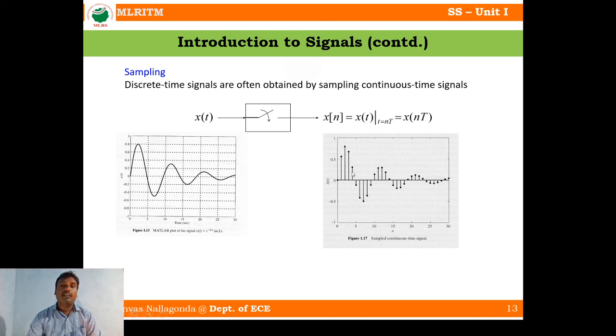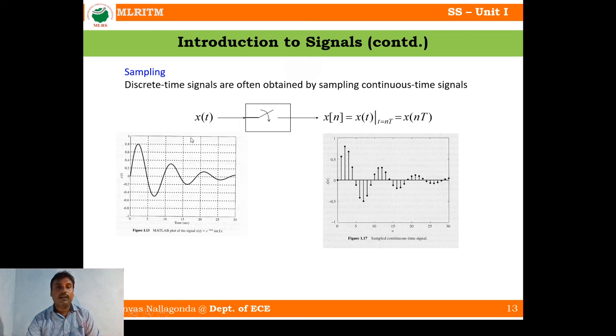Now we are seeing sampling. What is sampling? What is the importance of sampling? Sampling converts a continuous signal x of t to a discrete time signal x of n. So what is the role of this sampler? What is going on inside the sampler? There is an on-off switch. It closes at time interval t and opens after time interval t.